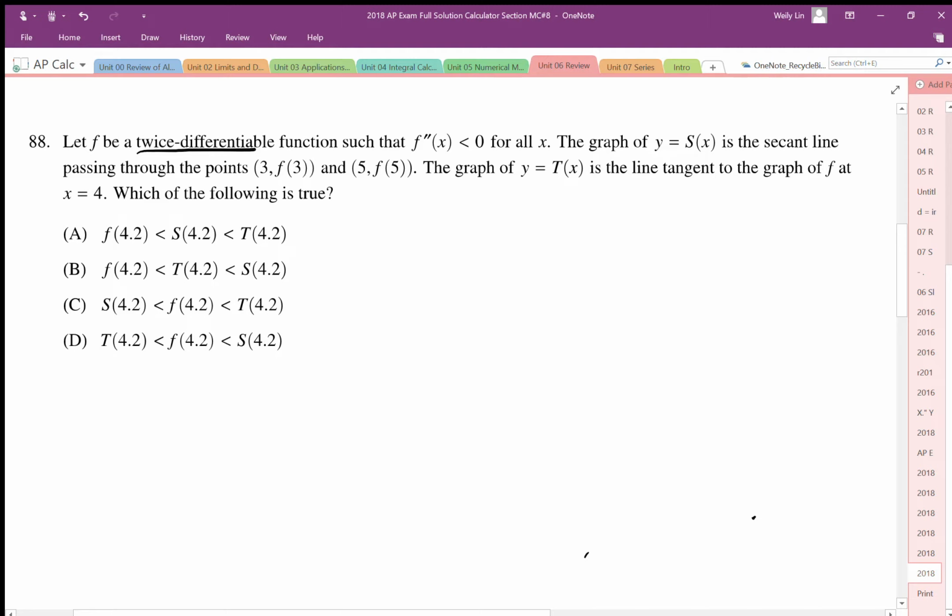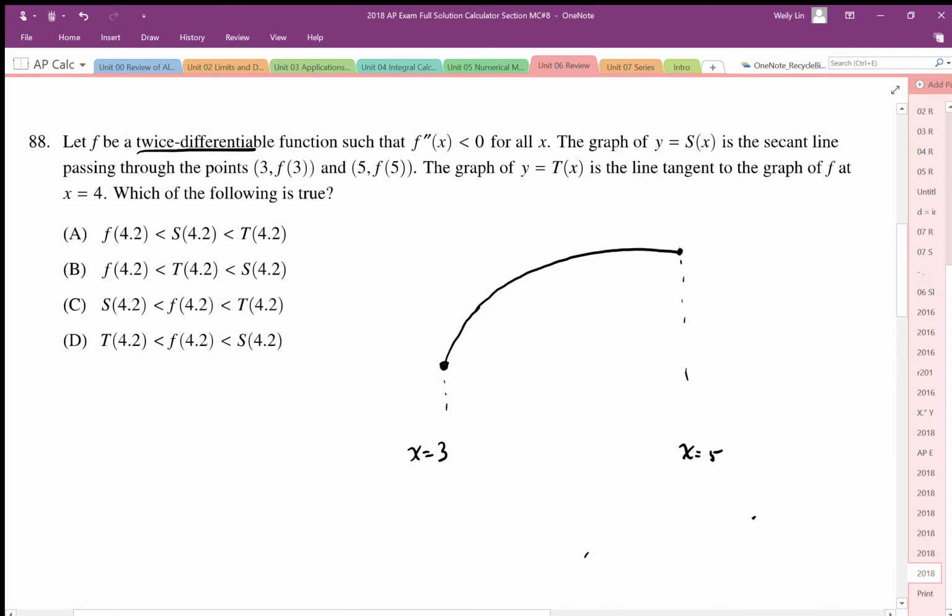So we know that this f graph must be a concave down graph. We don't know if it's increasing or decreasing, but we do know it's concave down. Then we're going to have points at x equals 3 and at x equals 5. So that's generally what it's going to look like.